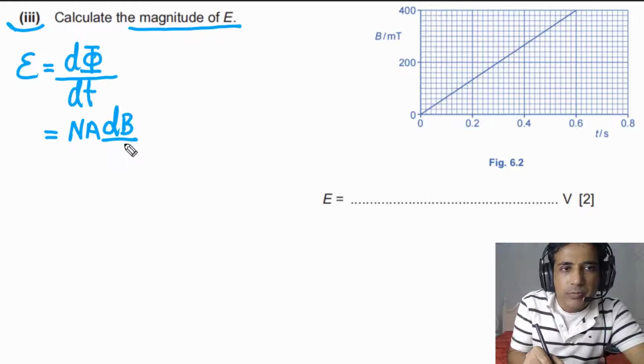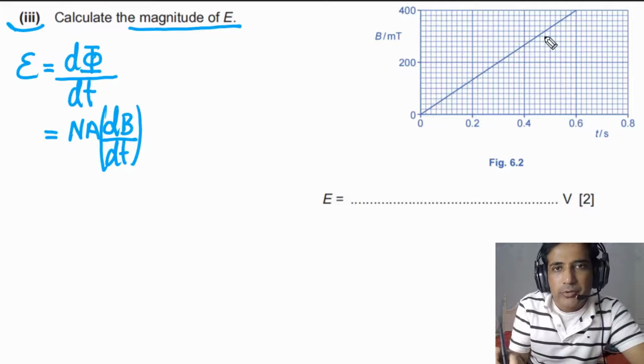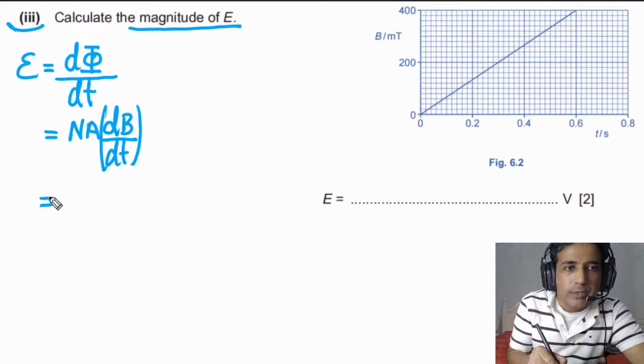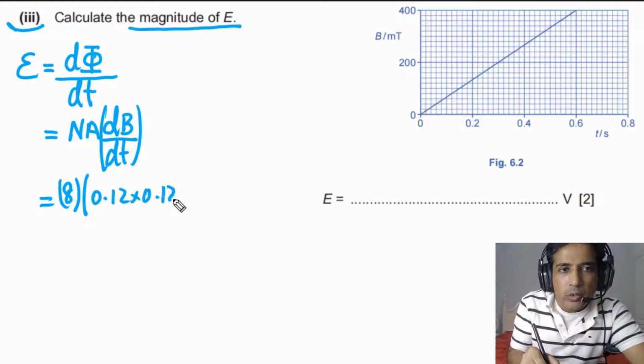So this is NA dB/dt, and dB/dt is equal to the gradient of this graph. So we can plug in values here. N is given to us, that is equal to 8. Area of the coil is 0.12 times 0.12.